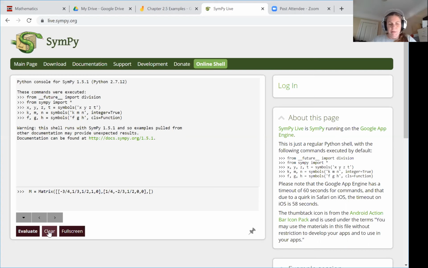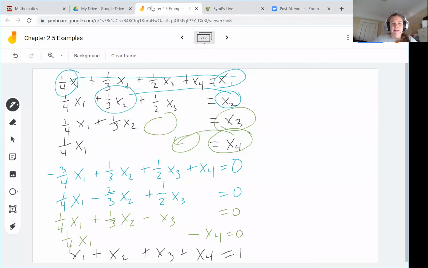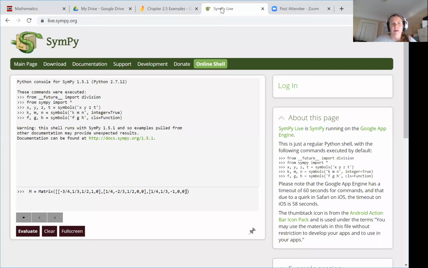My third row is going to be 1/4, 1/3, negative 1, and then 0 in the x4 column and 0 for the solution. So remember, my values are just based on this system that we wrote right here. So I'm just pulling the coefficients and augmenting the matrix with the solutions to type these values in.